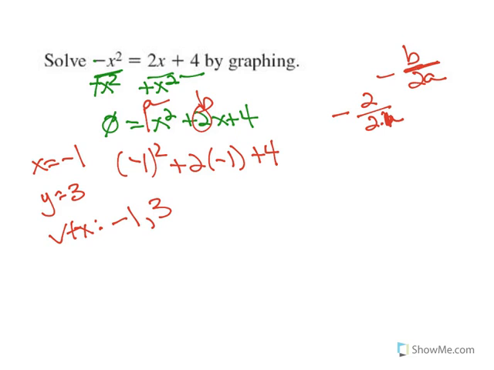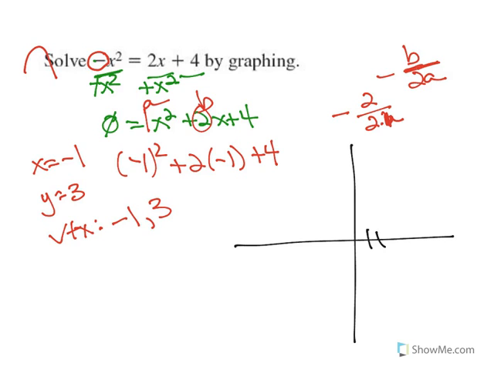Notice when we start graphing this is negative, so that means it's going to go upside down. Keep that in mind as we're graphing. Let's make ourselves a graph, and then put our vertex on there.